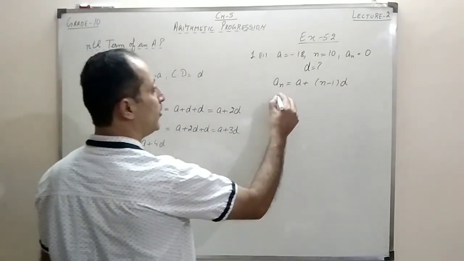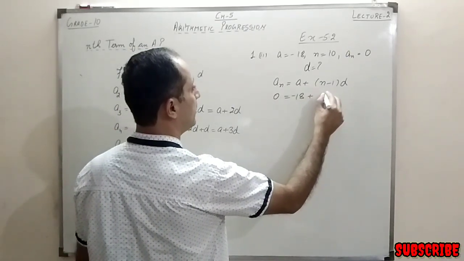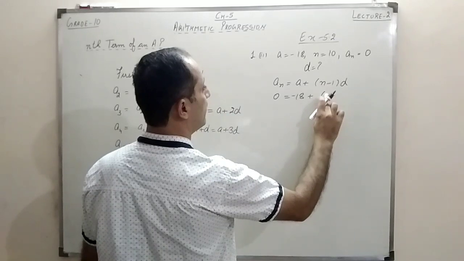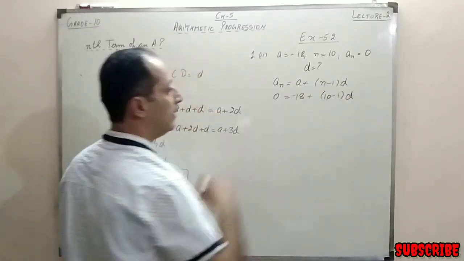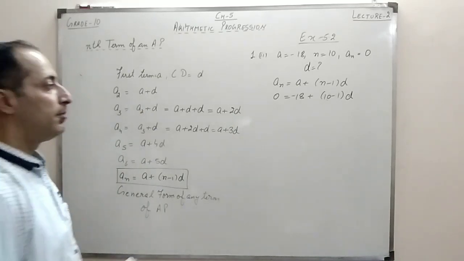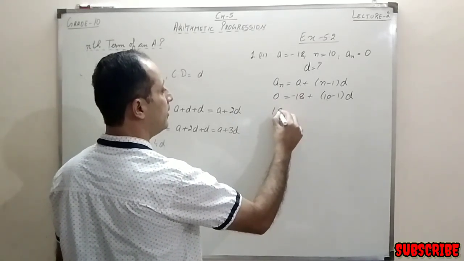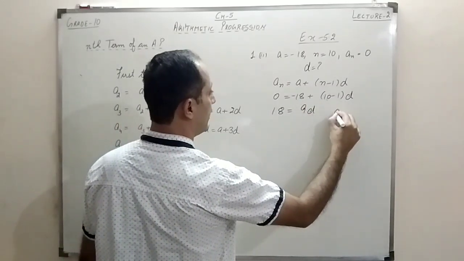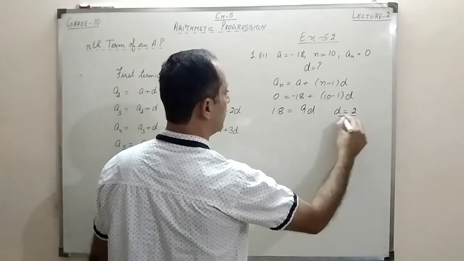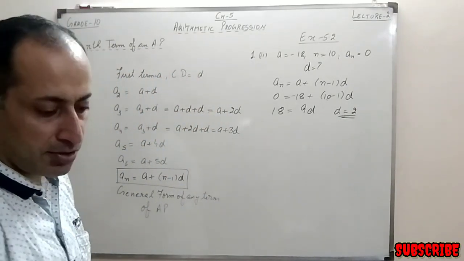So this will be 0 equals minus 18 plus n minus 1, n is given as 10, 10 minus 1 into d. Now we have to simplify this. I take this minus 18 to this side, it will be 18 equal to 9d, and I get d equals 2. So it's very simple, it's not a difficult question.